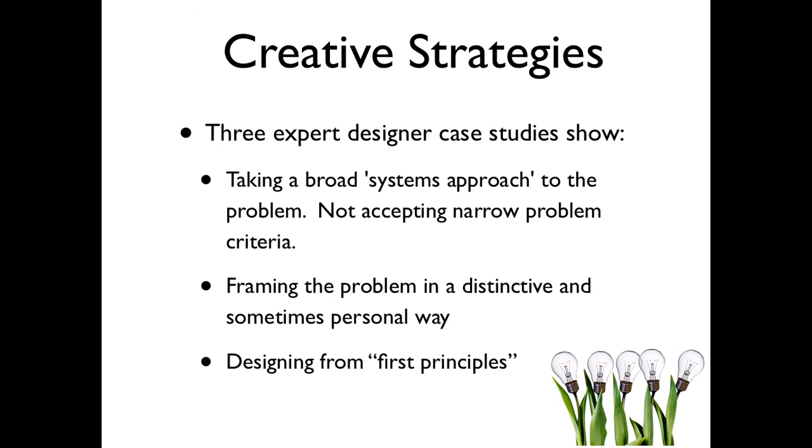The next one is framing the problem in a distinctive and sometimes personal way. Expert designers often draw upon personal knowledge or experiences of a situation, or of using a device or an artifact themselves, and use that personal knowledge to help influence their design process and their problem solutions.